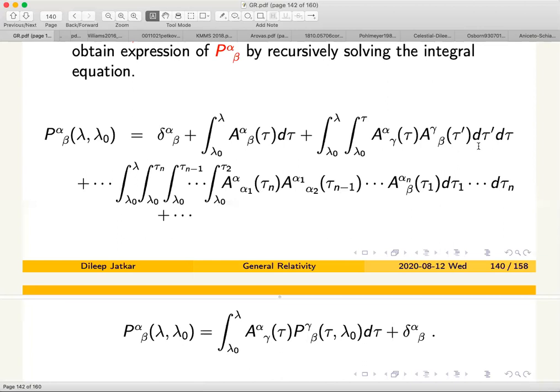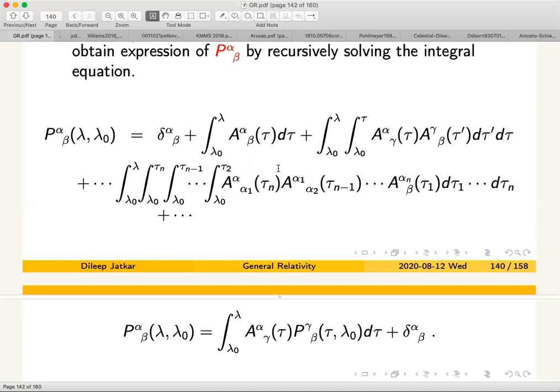For example, tau prime integral is done from lambda naught to tau, and tau integral is done from lambda naught to lambda. If you look at the nth one, tau 1 goes up to tau 2, tau 2 goes up to tau 3, tau n minus 2 goes to tau n minus 1, and similarly tau n minus 1 goes up to tau, and tau actually integrates over the whole region. So that is the kind of integration that you would get.